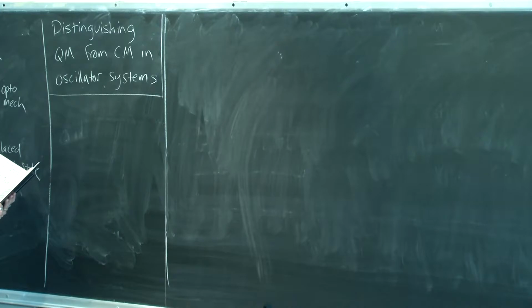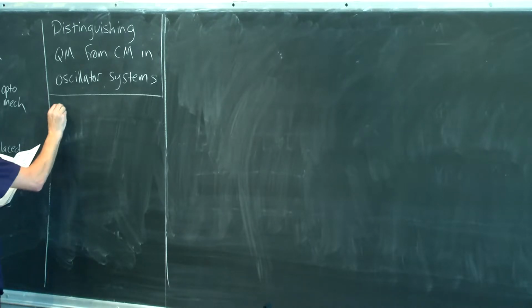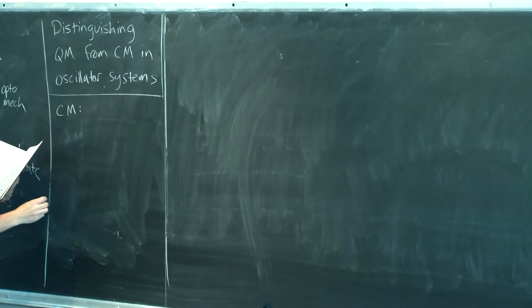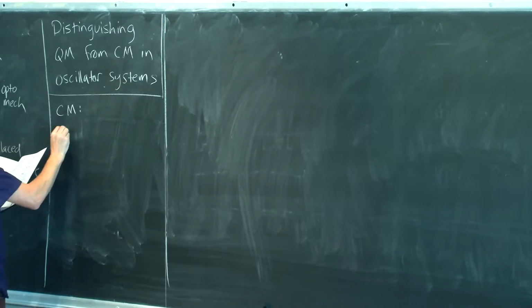So in order to make sure that we're describing oscillator systems in a way that makes sense in both classical mechanics and quantum mechanics, let me just start with a summary in classical mechanics.